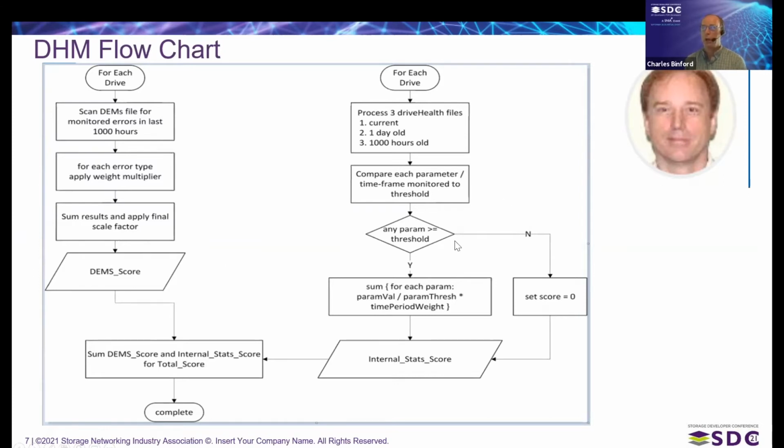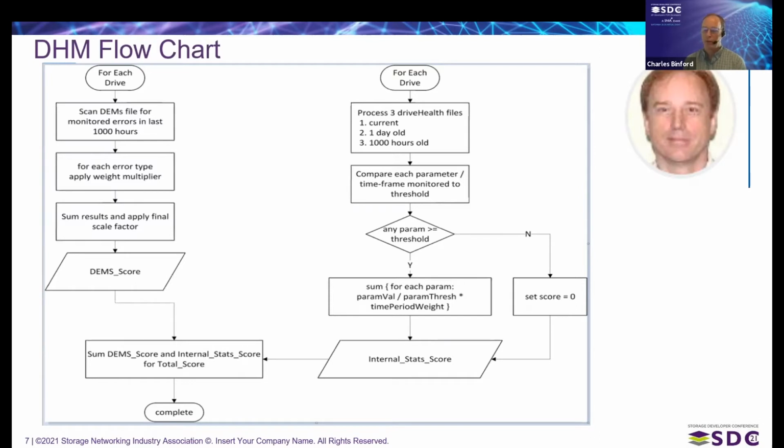On the right side is a little more complex. It's looking at the internal stats, the drive health data coming from the read error and write error log sense pages. There we're looking at three different time ranges, as talked about earlier. We're looking at the lifetime value, and that has the lowest weight.